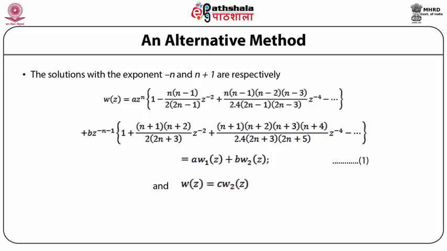So, w of z is equal to A times w1 of z plus B times w2 of z, and w of z is given by C multiplied by w2 of z.